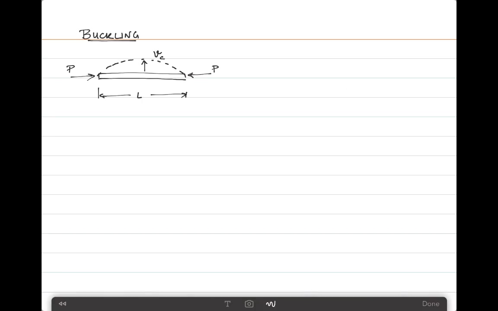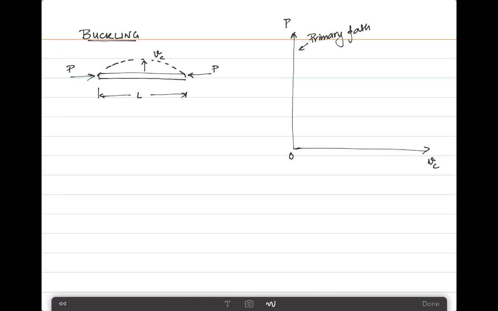The idea is that under a certain axial load P, the beam will behave in a certain way prior to buckling. So if I plot here a load displacement curve, which will be P versus VC, then we would see that the load increasing from 0 to P is basically a primary path, which is the original load displacement curve.